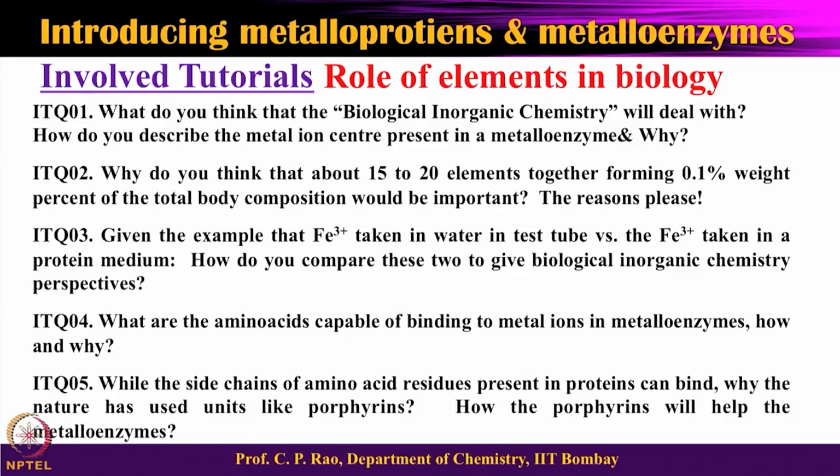Okay, if you take the same iron 3 plus and put it into a protein or an enzyme, it will not allow the iron to become hydroxide or iron oxide etc. The protein will bind to the iron center, so that its hydrolyzing capabilities are reduced. Unless you have a few coordination sites open, even then you will not find Fe2O3 etc.; you will find some other kind of reactions.